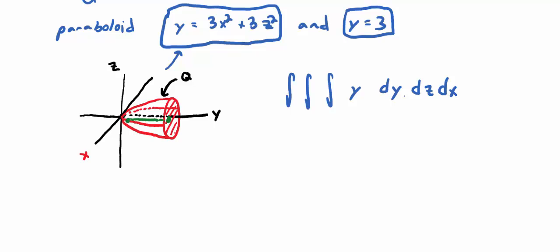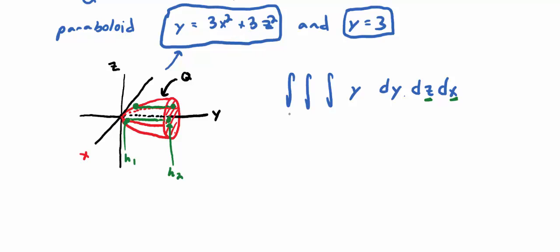The left-hand bound on this line that I've drawn would be what we call h1, a function of x and z, and the right-hand bound would be h2, again a function of x and z. So what would h1 be? No matter where you draw it, h1 would be the paraboloid, wouldn't it?